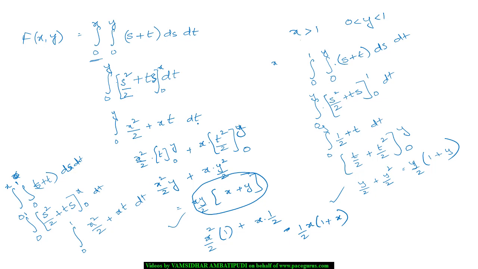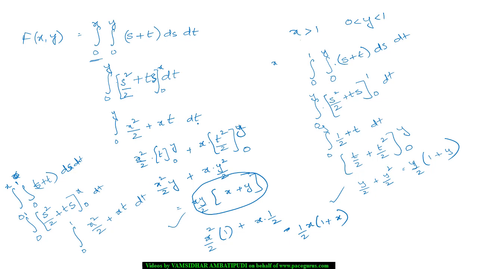When x is less than 0 or y is less than 0, the F of xy is 0. When x and y both are lying between 0 and 1, the F of xy is xy by 2 times x plus y. When x is lying between 0 and 1, and y is greater than or equal to 1, it is 1 by 2 times x into x plus 1.